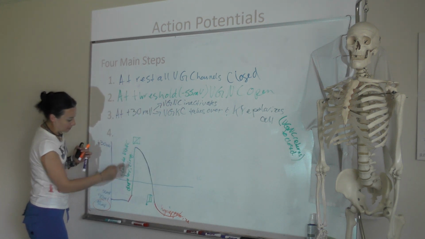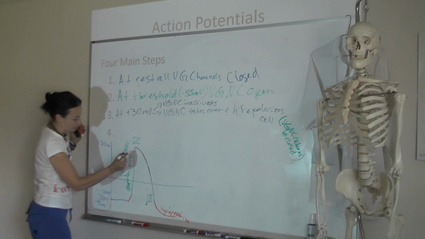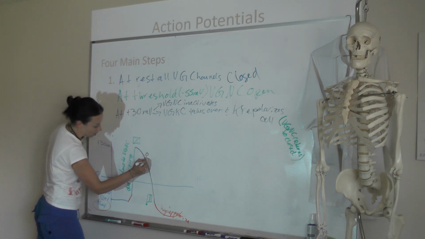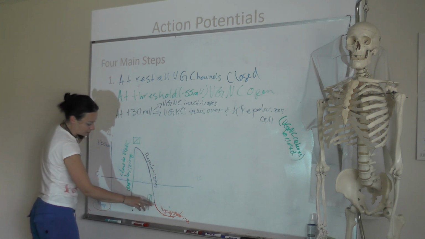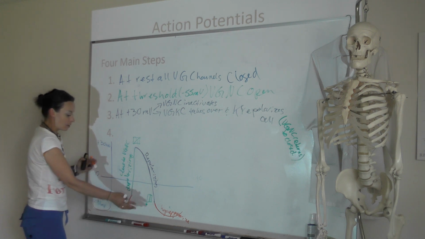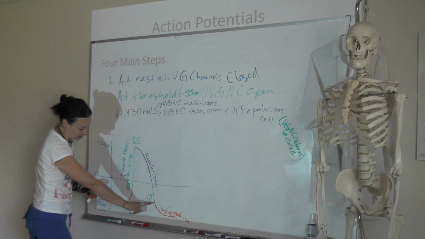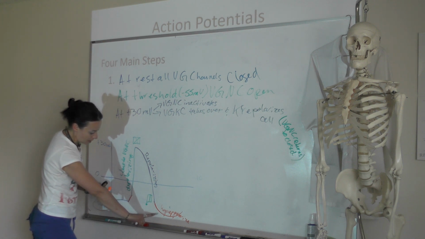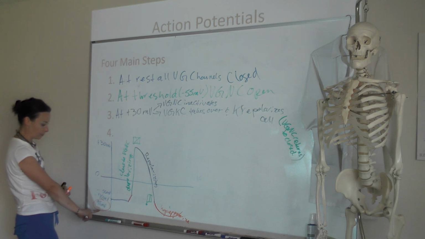So in light blue, this is sodium coming into the cell, depolarizing the cell. In dark blue, this is potassium exiting the cell, repolarizing the cell. And then we get back to our resting membrane potential, and so reset our voltage-gated sodium channel, and then some of those voltage-gated potassium channels are going to stay open a little longer to draw the potential down to the equilibrium potential for potassium of negative 90.